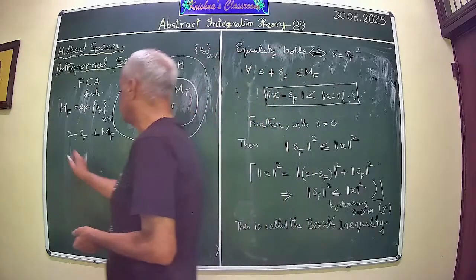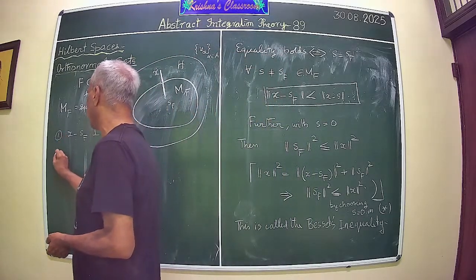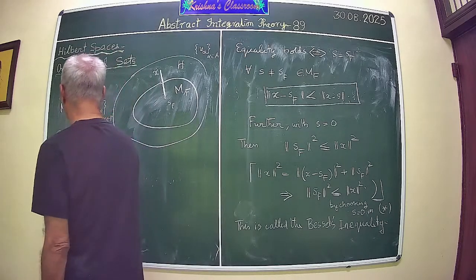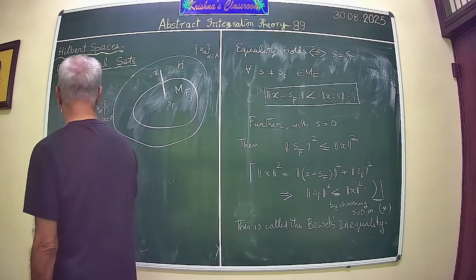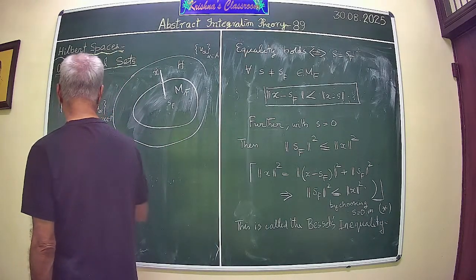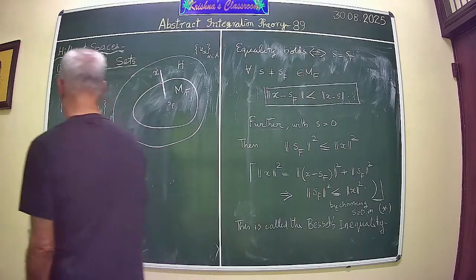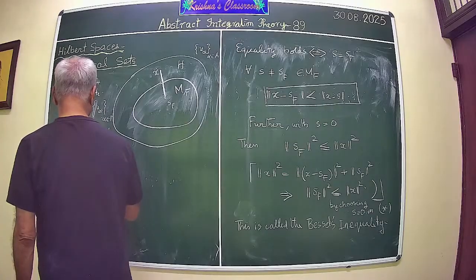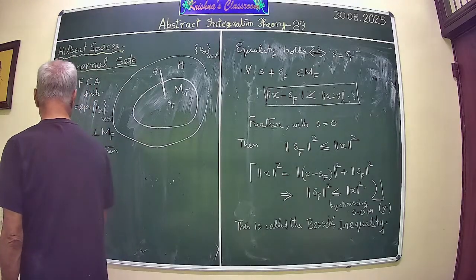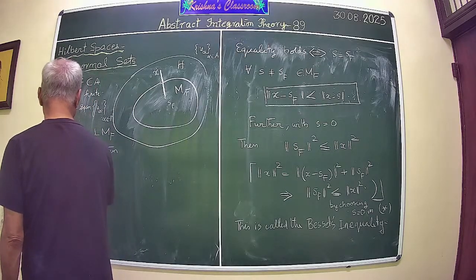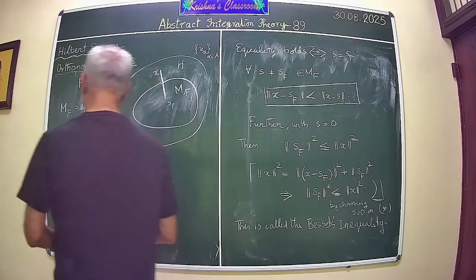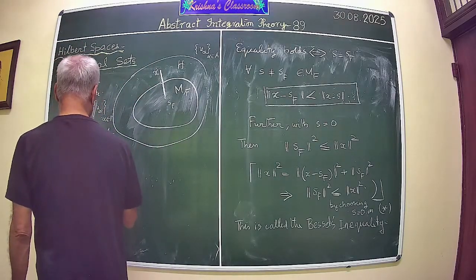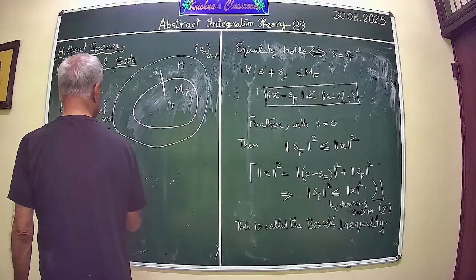Now the second part says the following. Suppose you take S belonging to MF. Then the distance from X to S is always greater than the distance from X to SF.